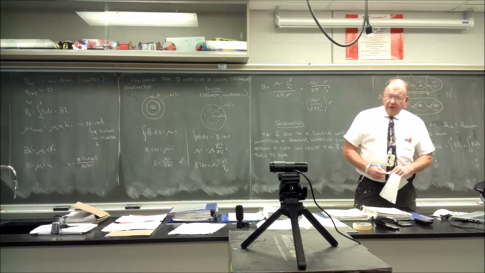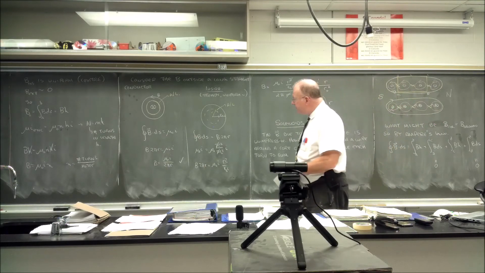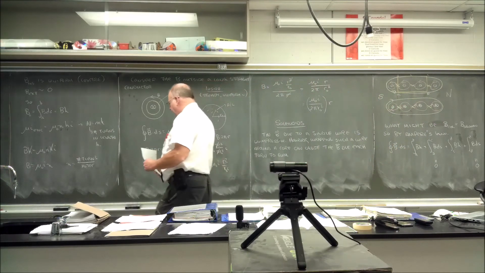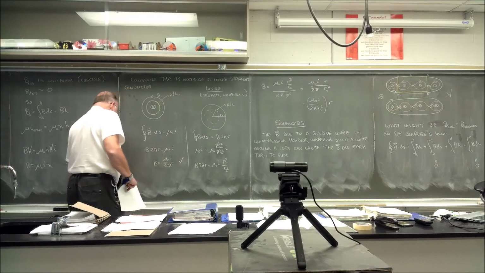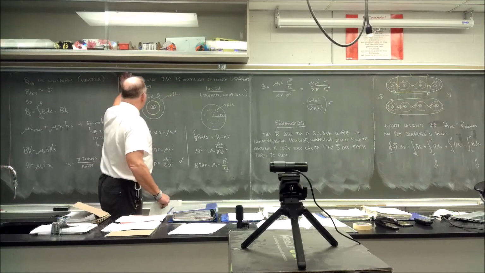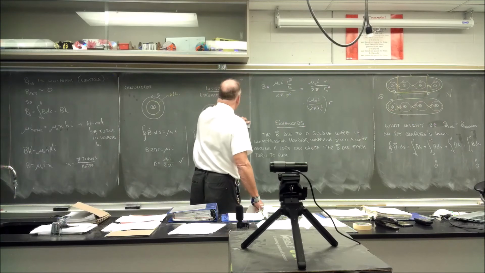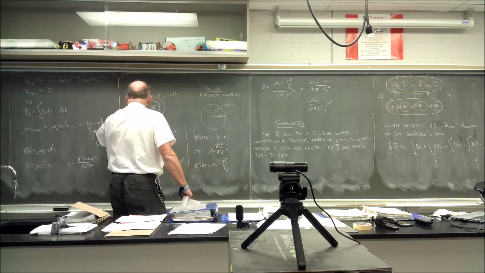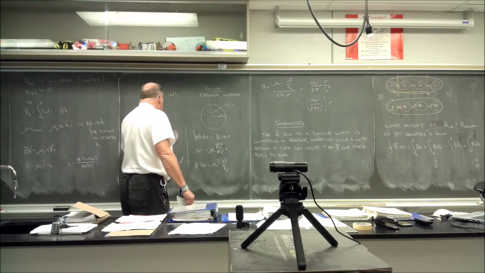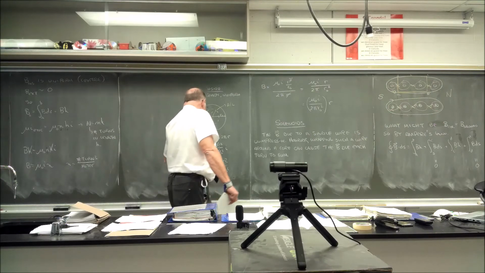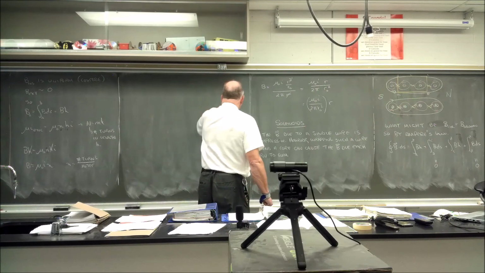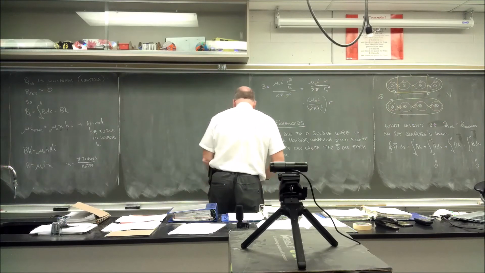Now this is, of course, an infinitely long solenoid, but we don't worry about such details. We say near the center. So very similar to the infinite sheet of charge, we simply say well away from the edge, or something like that, and these miserable edge effects do not have to be considered.